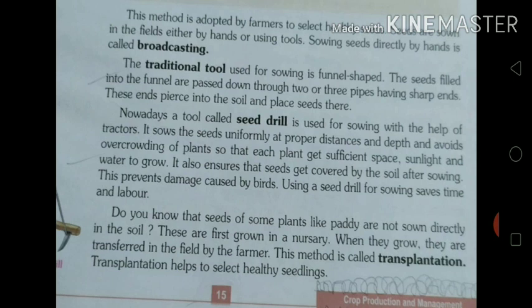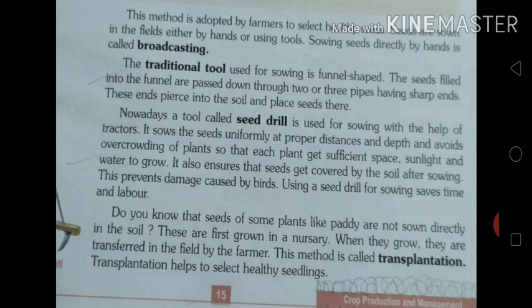Though most of the crops are grown by sowing the seed directly in the soil, in some crops like paddy and many vegetables, the seeds are not directly sown in the soil in large fields. In the case of crops like paddy and vegetables like tomato and chilies, the seeds are first sown in a small plot of land or nursery and allowed to grow into tiny plants called seedlings by providing them with a good dose of nutrients.